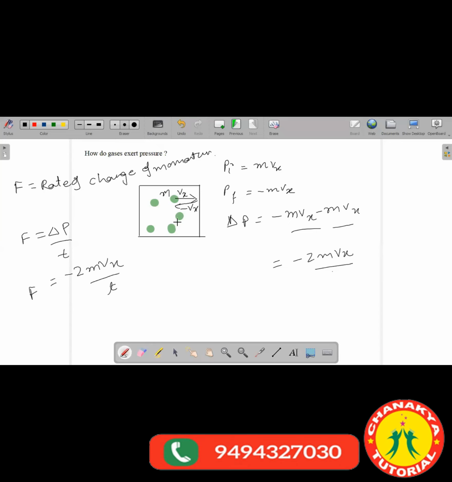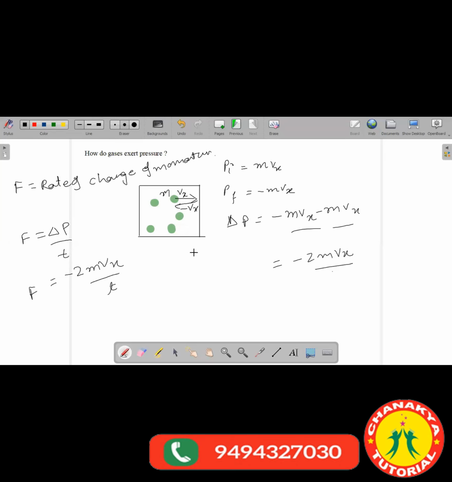Here the volume is constant, and if you increase the temperature, the velocities increase. More collisions occur, so there is a greater force and hence a greater pressure. Pressure is force by area, so if you divide both sides by area, you get the pressure exerted by the gas molecules.